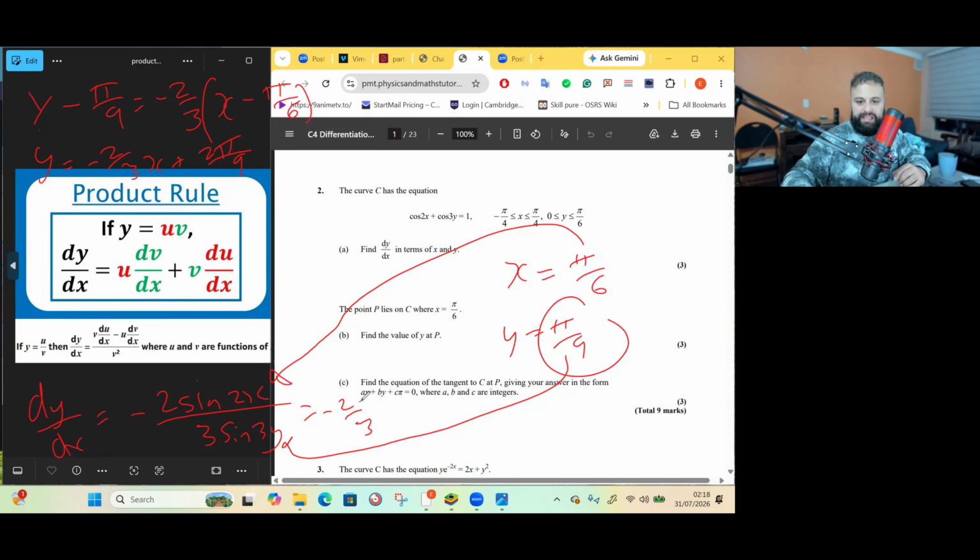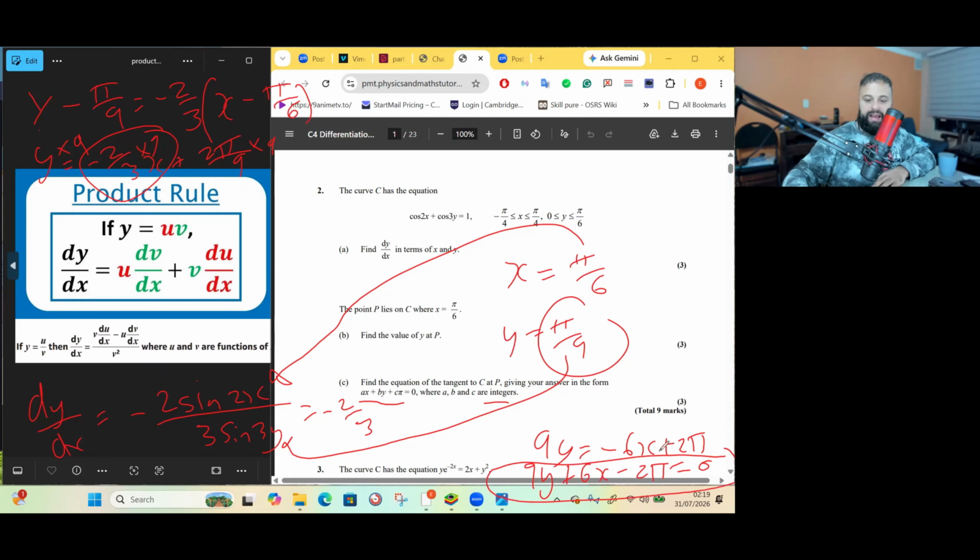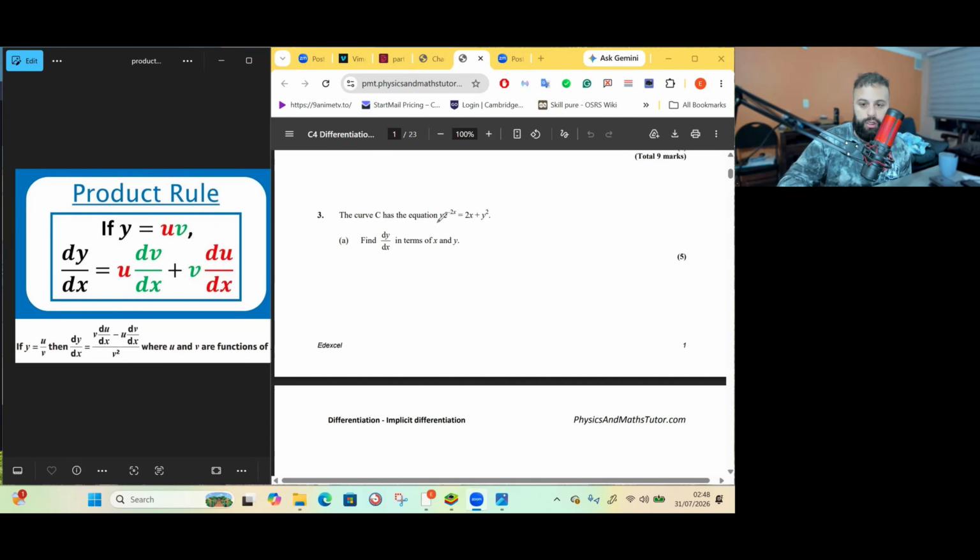But we want it in this form over there where they are integers. So to get rid of divide by 9, we times by 9, and we'll times everything by 9. And that will even turn that into an integer. And we get something that looks like this, and then we move it all onto the left-hand side. And that is our answer.